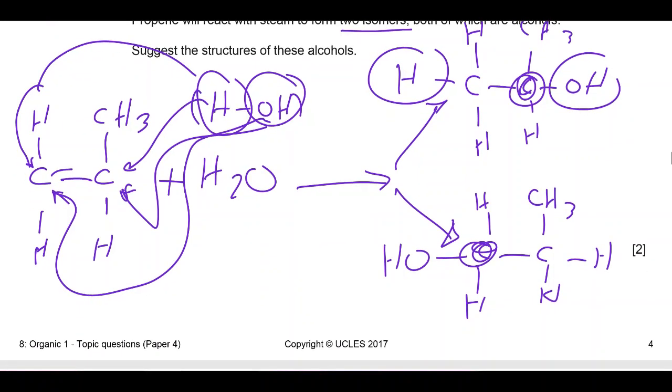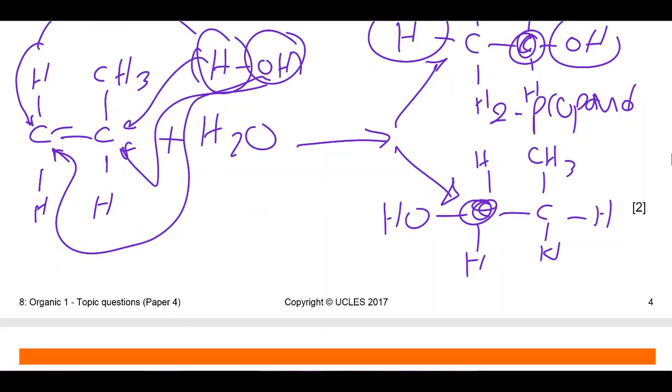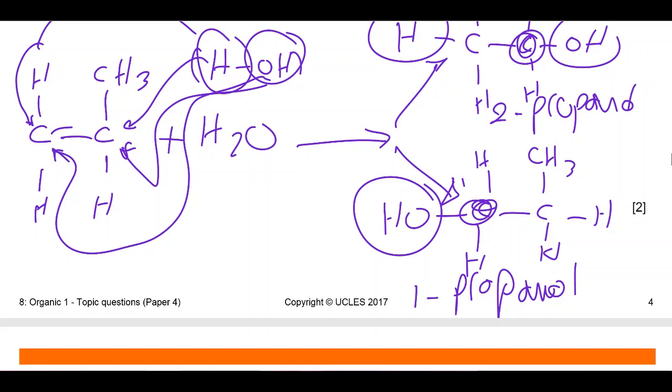So the first one is 2-propanol. Sorry, just propanol. And the other one, because the hydroxyl group here is bonded to the first carbon, will be 1-propanol. So both of them are isomers. Why? Because they have the same chemical formula, but they have different displayed formula, the position of OH.